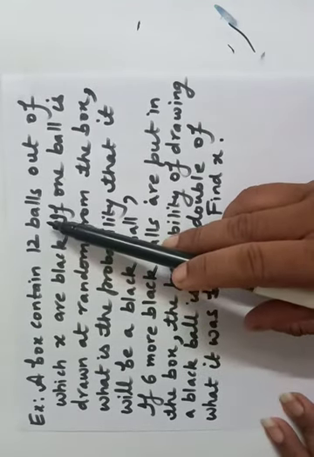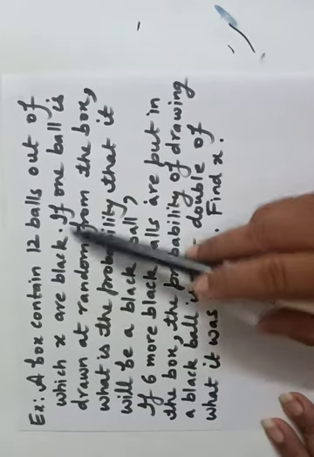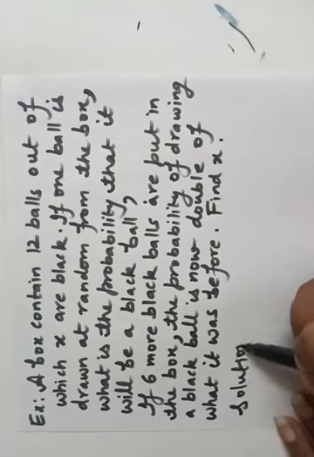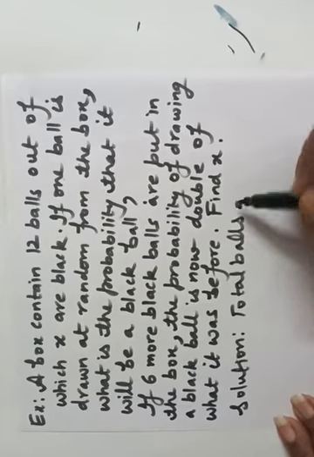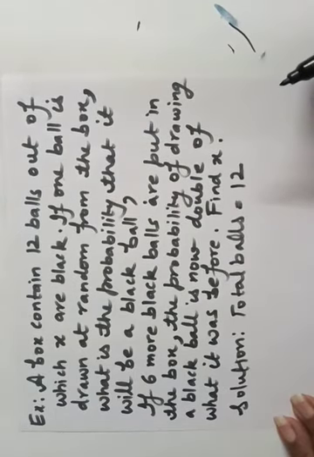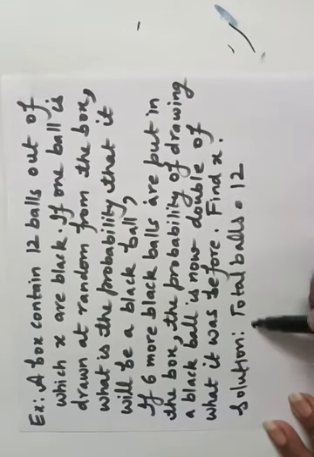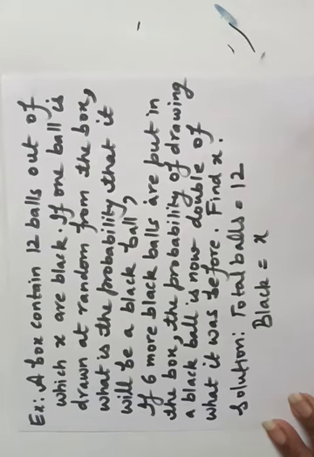Total balls in the box are 12, out of which x are black. If one ball is drawn at random, we start with total balls, that is 12 in the box. x are black balls. What is the probability that it will be a black ball?